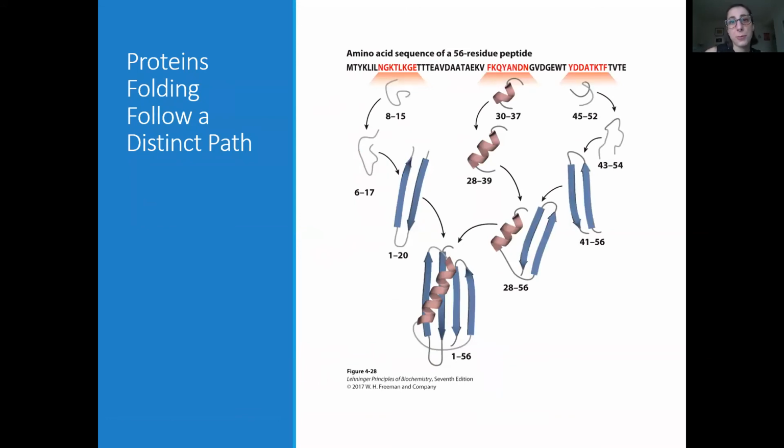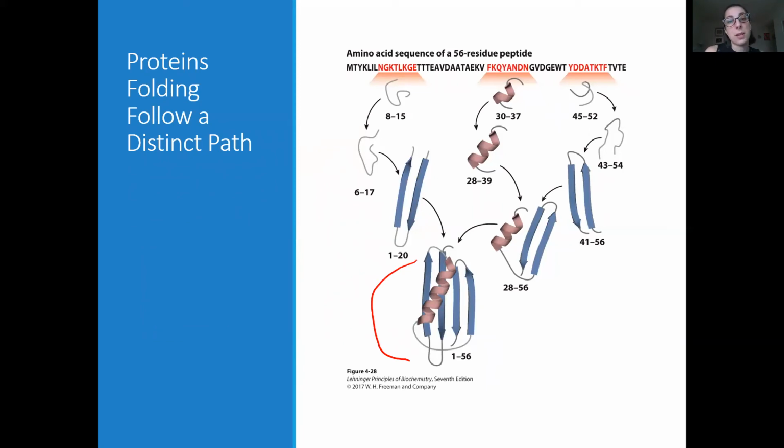Now, when proteins fold, when they're biologically active in their native state, they fold in a particular pathway or sequence. These folding patterns of beta sheets and alpha helices don't just snap fold like that.